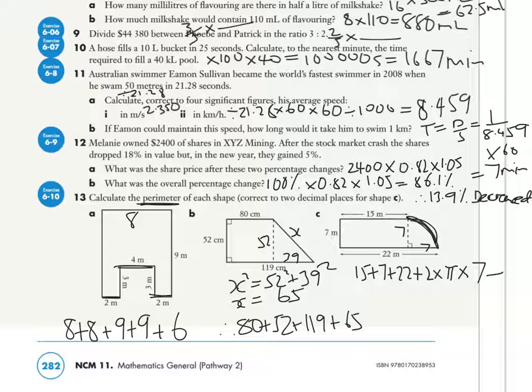Now we have a quarter, so we're going to divide by 4. And that equals 54.99, but we want 2 decimal places, so 54.995. We want to stop just there. The 5 will round it up to a 10, and carry over.